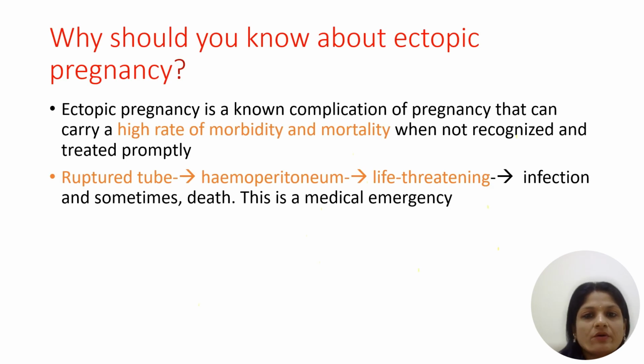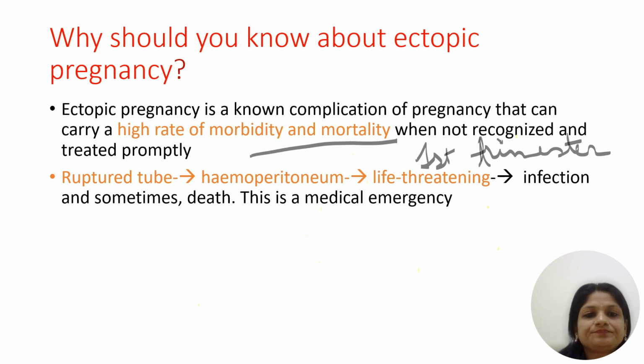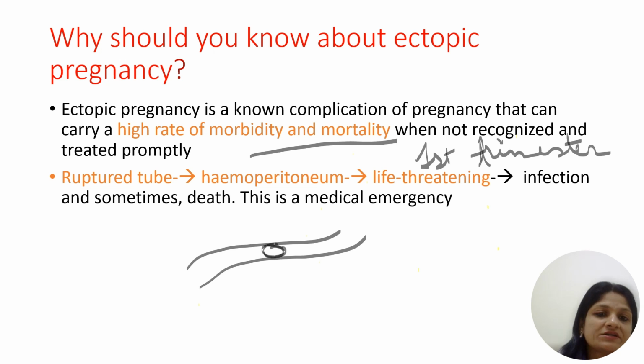Why should you know about ectopic pregnancy? Ectopic pregnancy is a known complication of pregnancy and it carries a high rate of morbidity and mortality, especially in the first trimester. In the first trimester, this is the leading cause of maternal mortality. So what happens when an ectopic occurs in the tube? It is not as expansile as the uterine cavity.